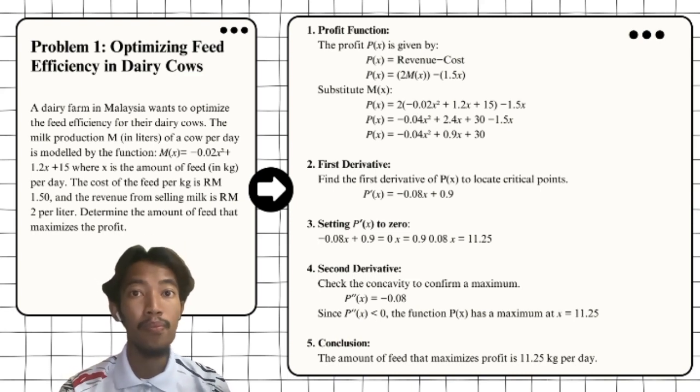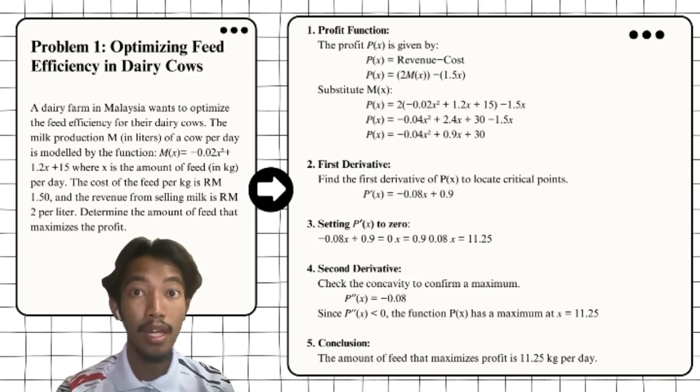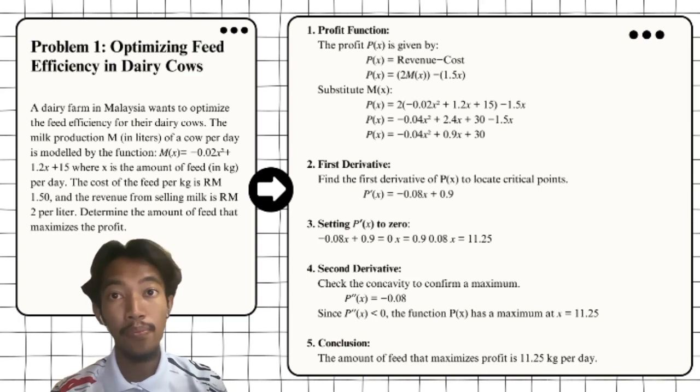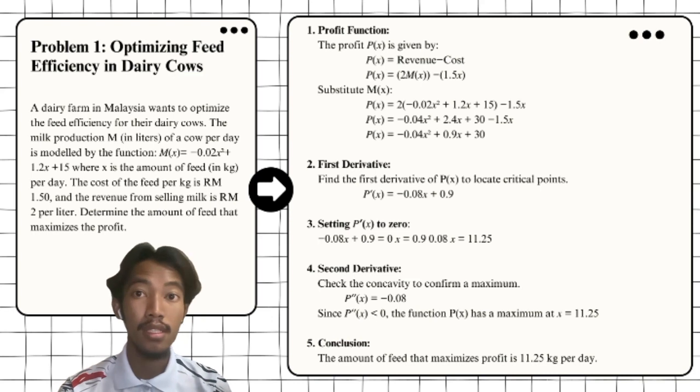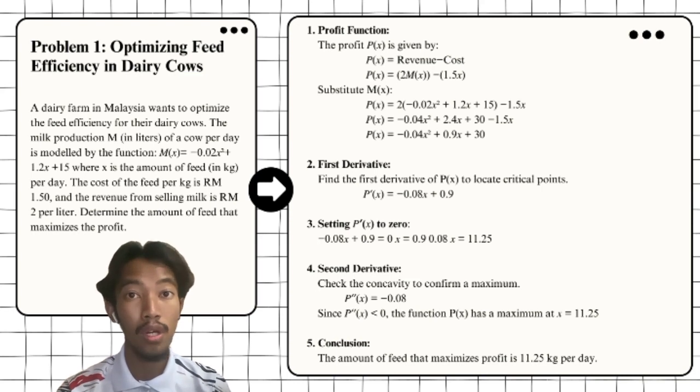Substitute M(x): P(x) = 2(-0.02x² + 1.2x + 15) - 1.5x.